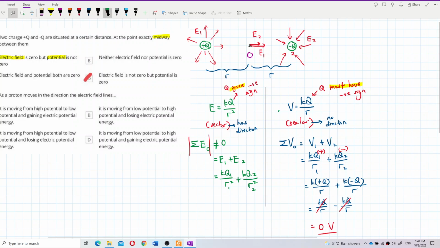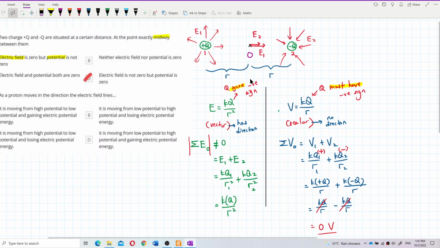So how do we find the total electric field at point O? This is K, this is Q1 over the distance, which is the same, R, because it's at the midway.